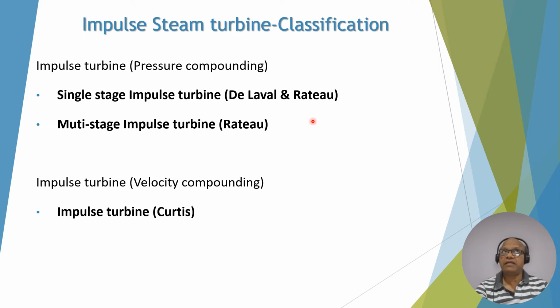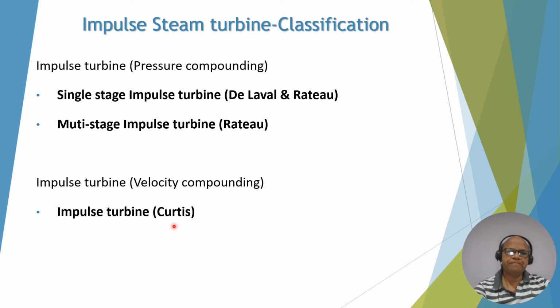The Rateau turbine can be single stage or multi-stage. If it is a single stage, then it comes under single stage Rateau. So a single stage turbine can be a De Laval turbine or a Rateau turbine. A multi-stage impulse turbine is a Rateau turbine and it is pressure compounding.